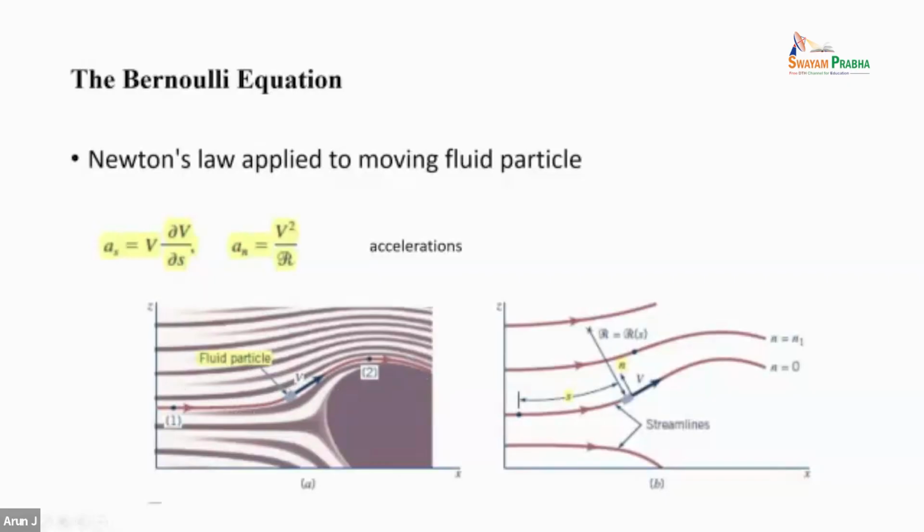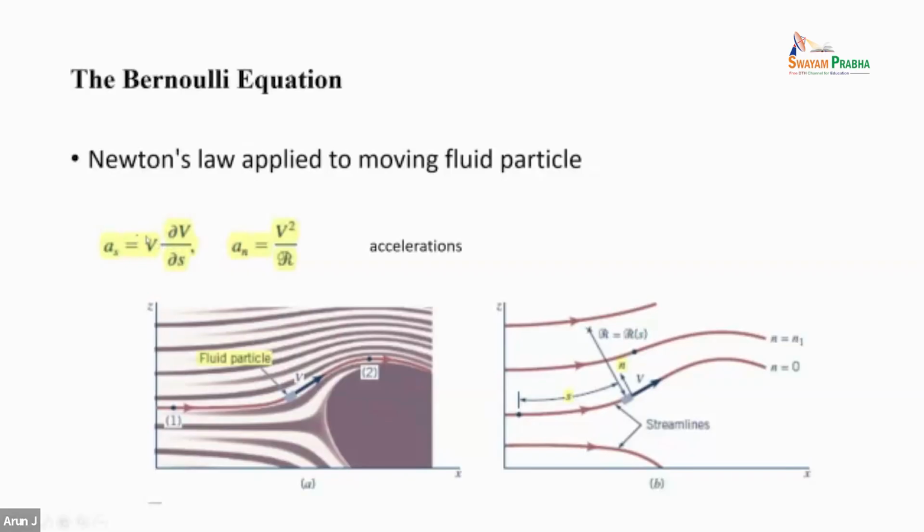Along the streamline, there are forces in two directions. One is along the streamline direction, and the other is perpendicular to the streamline direction. Here, along the streamline direction, this is the acceleration a_s, which is the velocity change relative to time.